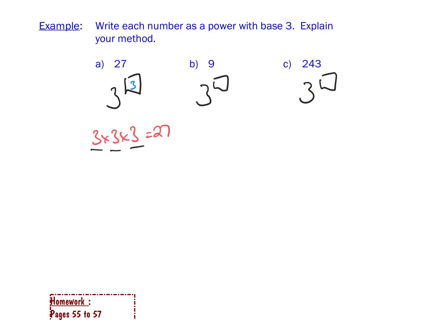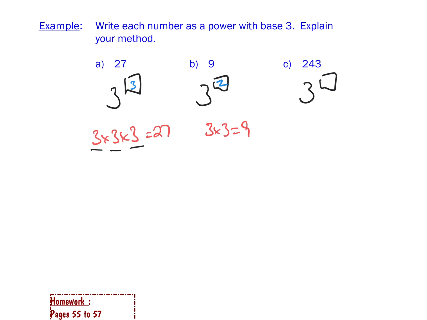Three to what exponent is 9? 2. Correct. Because 3 times 3 is 9. And there are 2 3's being multiplied by one another.